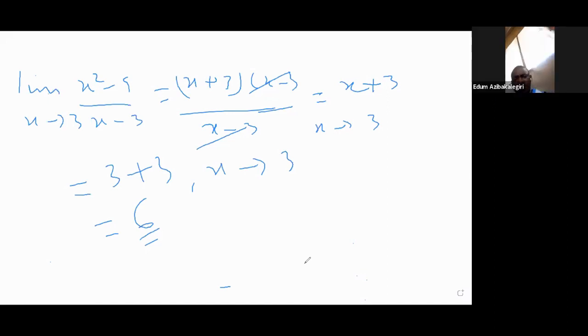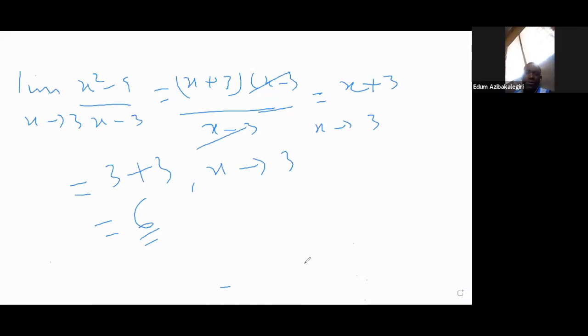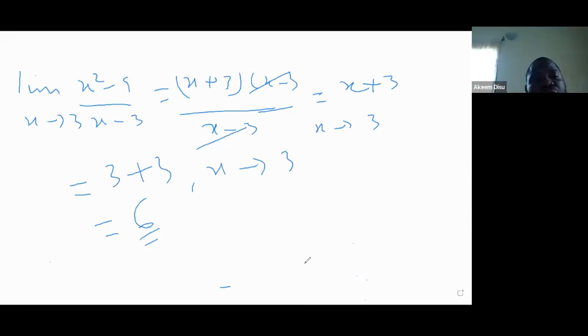Because if you put x directly, we have 3 squared is 9, 9 minus 9 is 0, and 3 minus 3 is 0. 0 over 0. And since the denominator is 0, we say the function is not defined. The function does not exist, but the limit can exist because the limit is approaching.